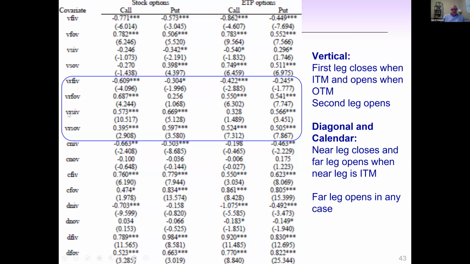Volume in the second leg, when the first leg is in the money, those trades open the second leg. I'm not going to walk through all these results. I don't have time. But this is how we draw conclusions that a large fraction of these trades are trades to roll positions.